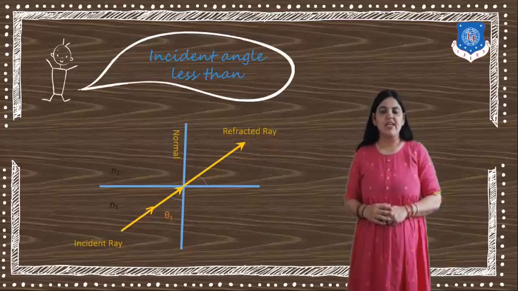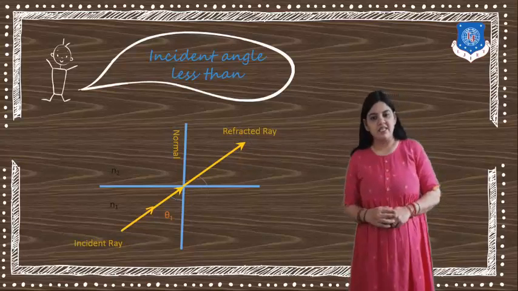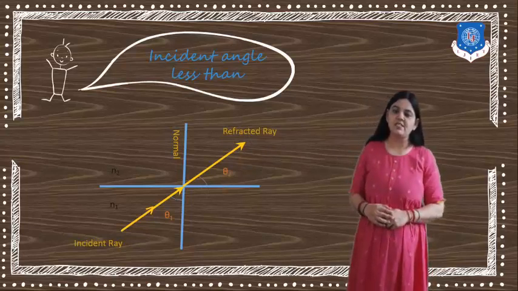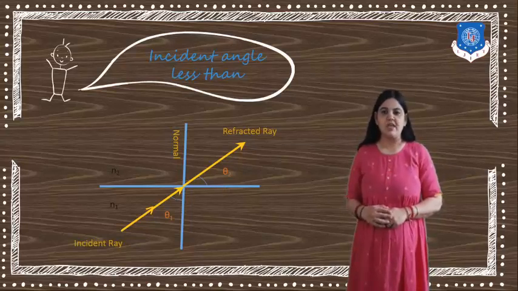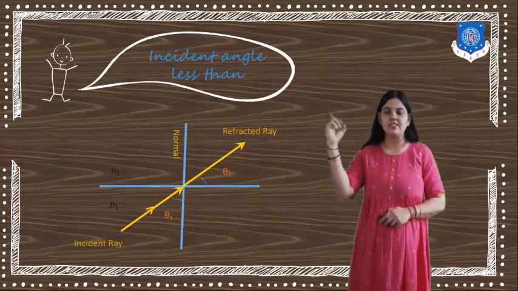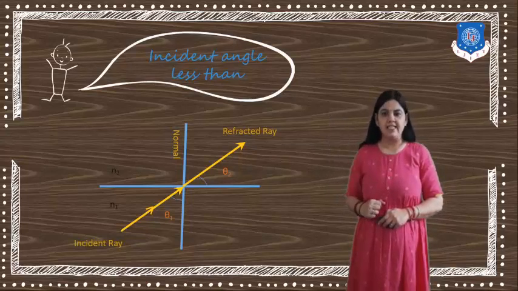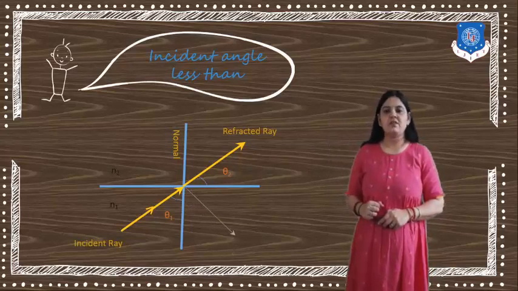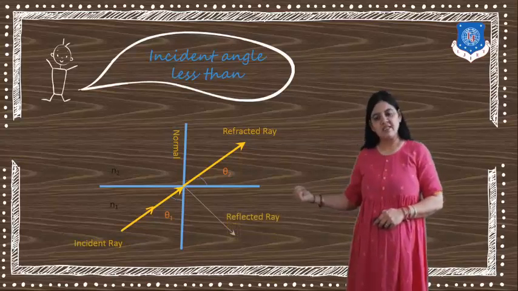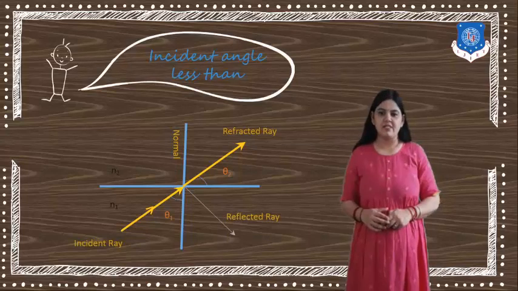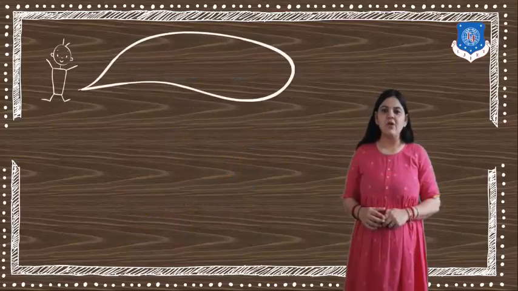The angle of incidence is theta 1 and the angle of refraction is theta 2. So that is the case where the incident angle is less than the critical angle. Now the reflected ray would be like this.